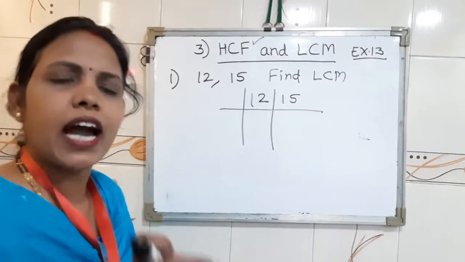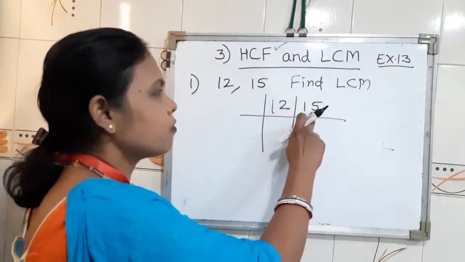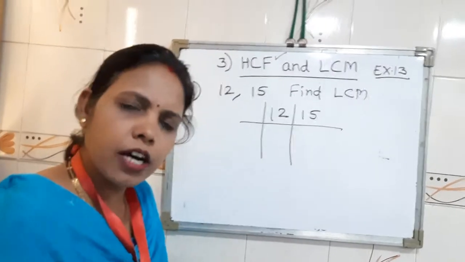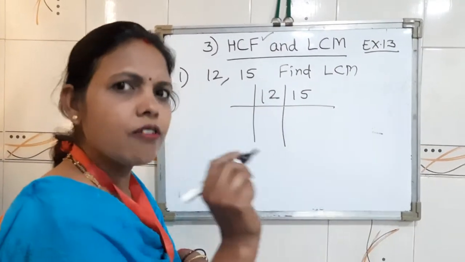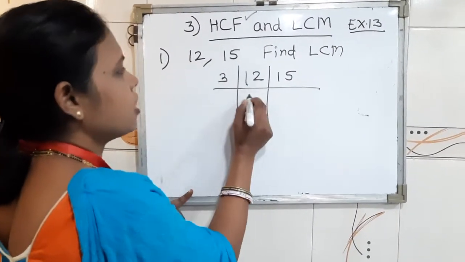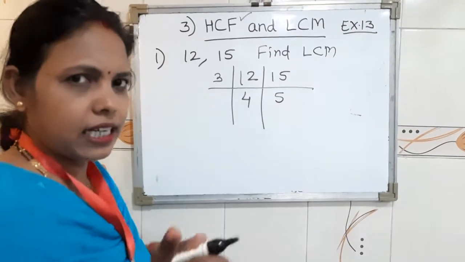That number we are going to find out by which both 12 and 15 will divide. For example, in the table of 3, 3 4 jar 12, 3 5 jar 15. Isn't it?